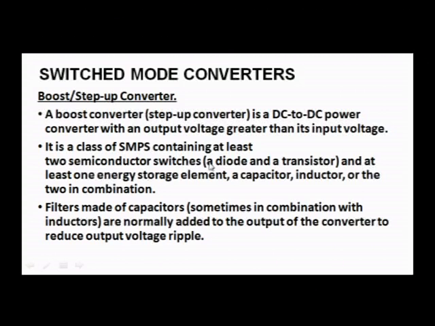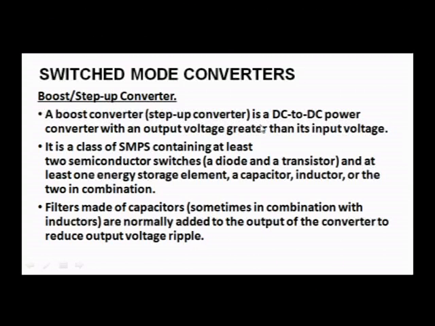So, a diode can also act as a switch, a transistor can also act, a MOSFET can be there, an IGBT can be there, and at least one energy storing element. I already told you it can be either a capacitor or an inductor or the two in combination. And filters should be there to get a regulated output DC voltage, added to the output to reduce the output voltage ripple. I already have told you. So, that is what a boost converter is.